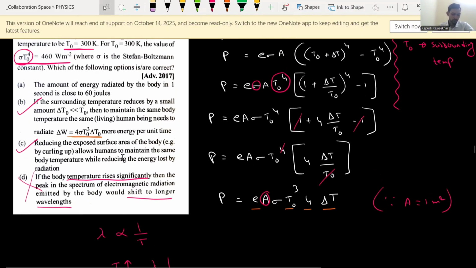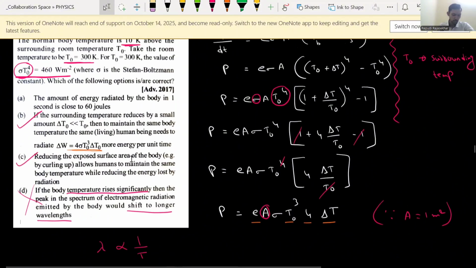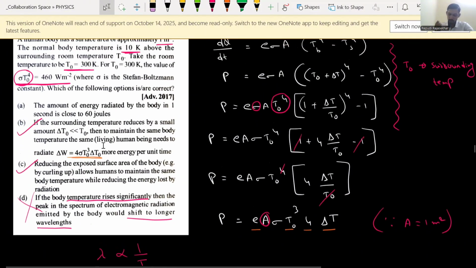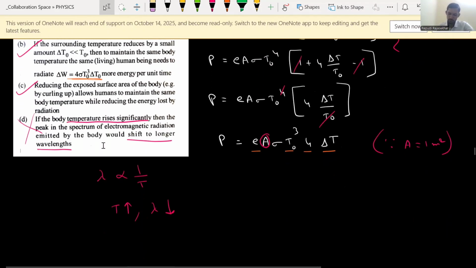Option 1: the amount of energy radiated by the body in 1 second is close to 60 joules, they said. So just verify it. How to verify? You can take any equation here and just verify. We'll do one thing, we'll take this equation only for the verification process.